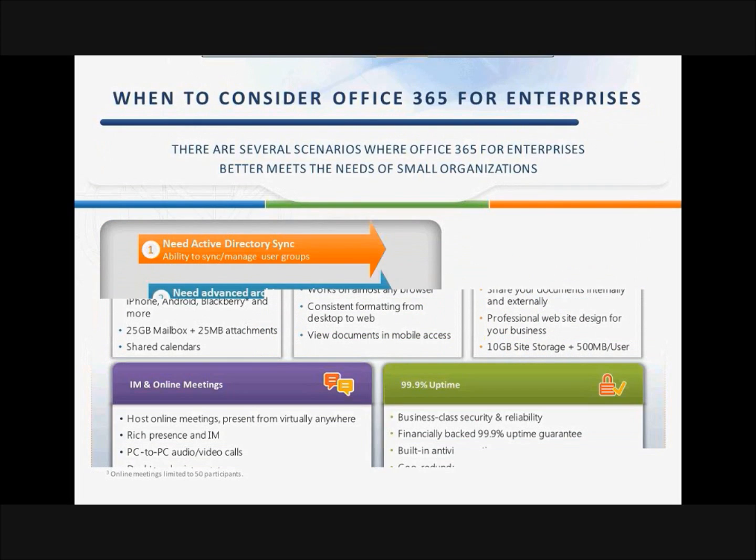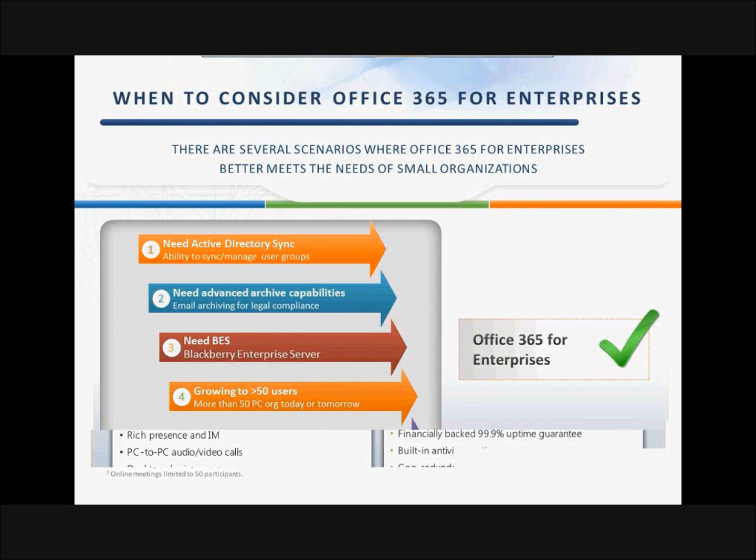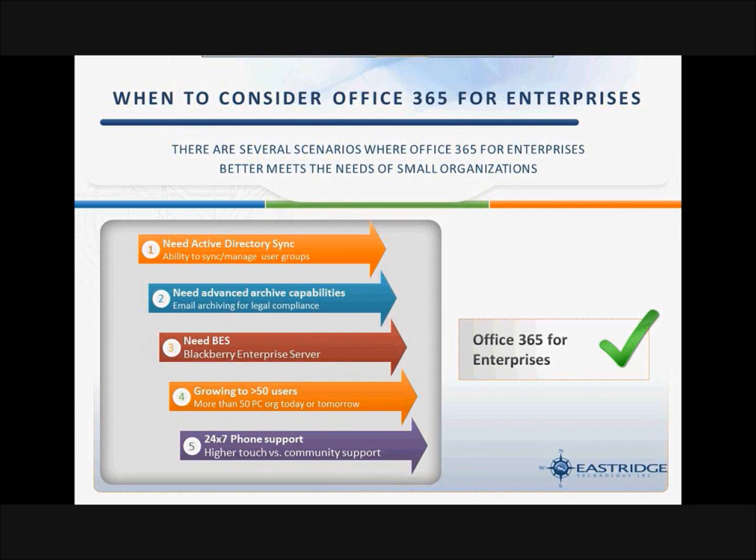For those that need enterprise features, a lot of times there's questions of, well, I have less than 25 users, but there's some things that I really want to have in our organization. The enterprise version of Office 365 allows you to have something called Active Directory synchronization.